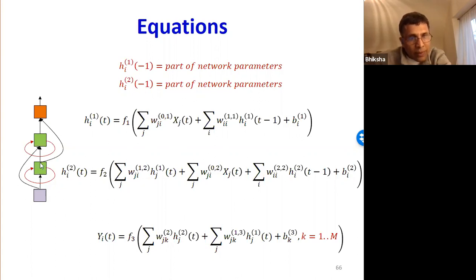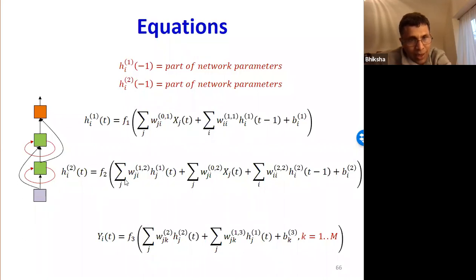So remember that this box actually represents a bunch of neurons out here, right? This box also represents a bunch of neurons out here. So h_i(t) is the ith neuron in this set at time t. That is computed by applying the activation function for that neuron over this term.